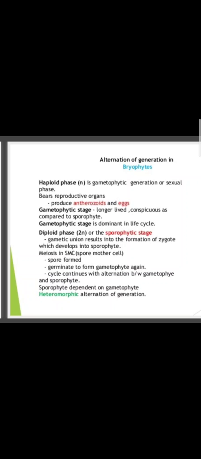And the last part is, since two types of phases are included, sporophytes as well as gametophytes, we can say this is a type of heteromorphic alternation of generation. Hetero means different, or you can say two. You have got my point.